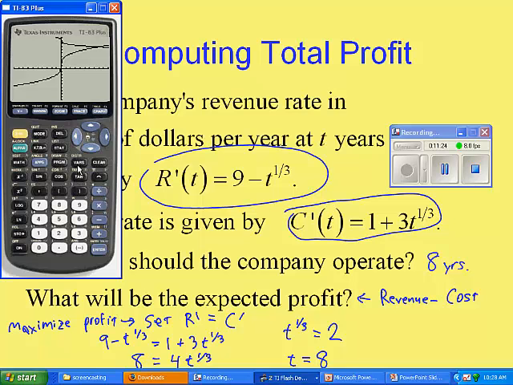Okay, so there's a graph. And what you're doing in this problem, the first one here is the derivative of the revenue, and the next one is the derivative of the cost, right? So what we're really doing here is we're going to find the area between these two curves.